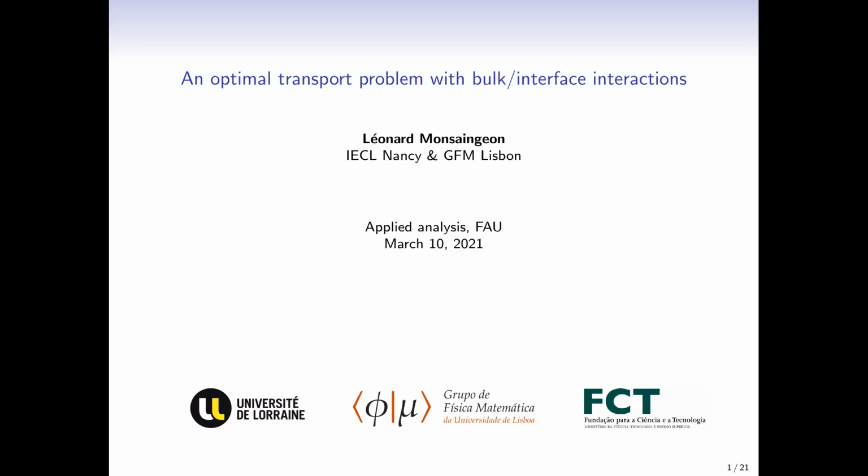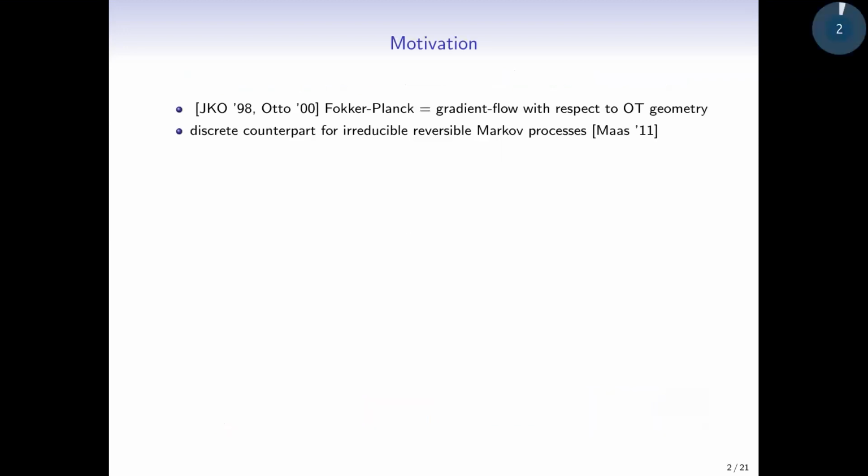But first of all, let me start with some motivation, because I didn't come up with this model out of nowhere. I had very specific ideas. It has been known in the optimal transport business for now 20 years that if you use some advanced optimal transport geometry, the usual linear Fokker-Planck equation, which is ubiquitous in physics, biology, and whatnot, can be considered as a variational gradient flow equation in the space of probability measures.